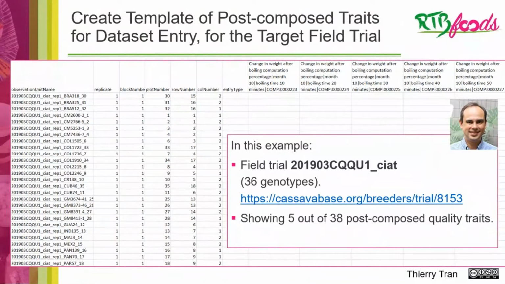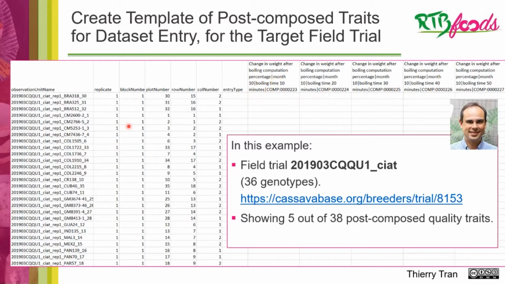However, in this slide, I am showing only 5 different post-composed traits. The trait is change in weight after boiling computation percentage in different boiling time. Here is only 10 minutes, here is with 20 minutes, 30 minutes, 40 minutes, and 50 minutes.